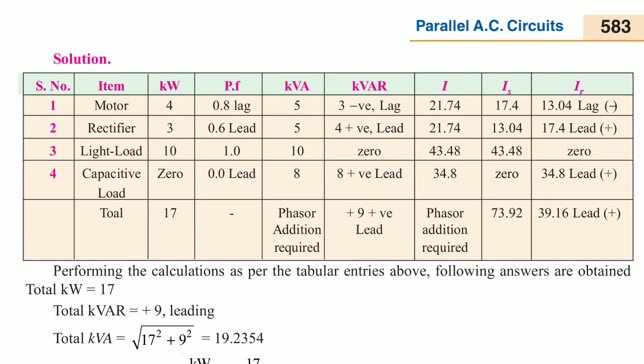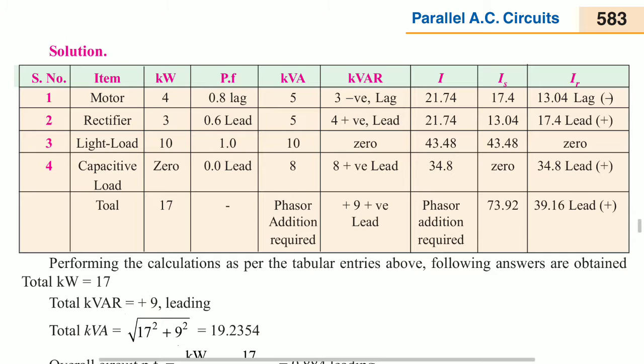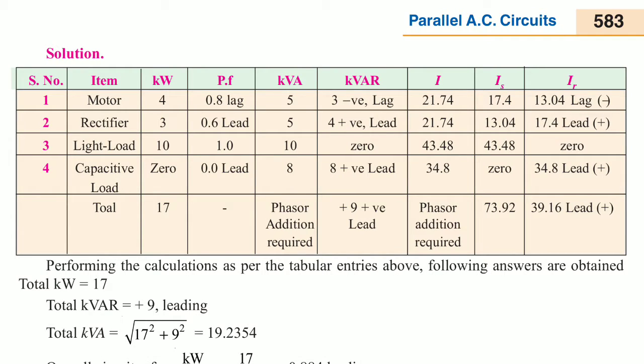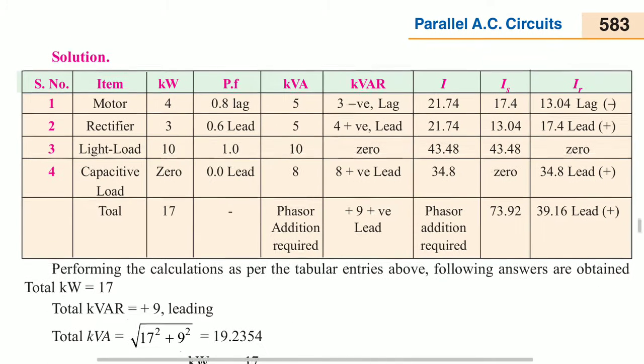Solution. Serial number 1. Write the columns: serial number, item, kilowatts, power factor, kVA, kVAr, and the currents I, IS, IR.